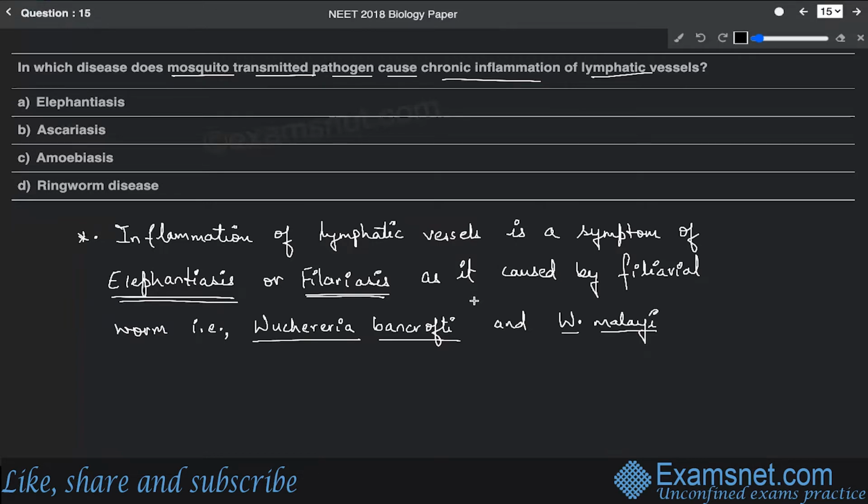Now this is transmitted by a mosquito. A mosquito is responsible for transmitting this disease from person to person, and that mosquito is the Culex mosquito. So it is the vector, or transmitting agent.